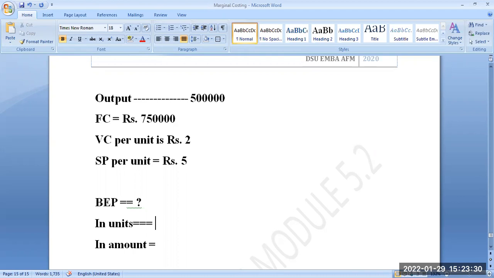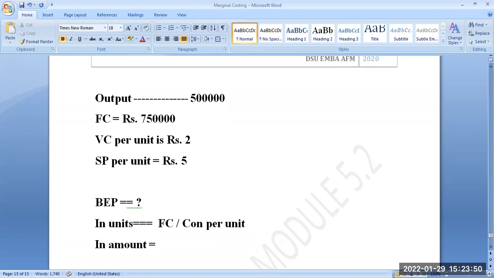So how did you calculate in units? Break-even point in units is equal to fixed cost divided by contribution per unit, which is selling price per unit minus variable cost per unit.